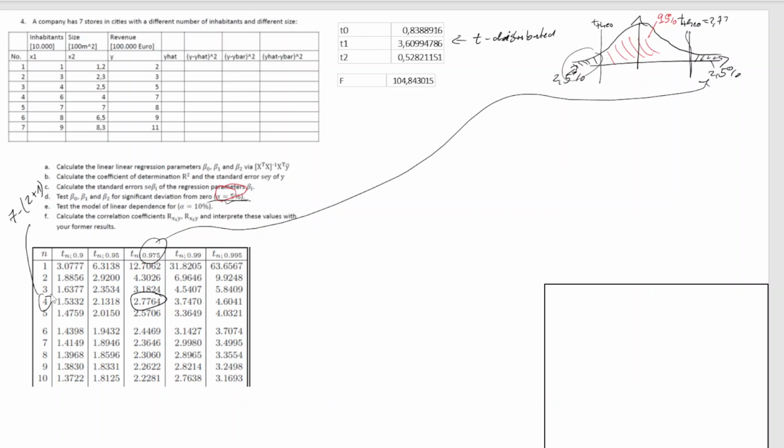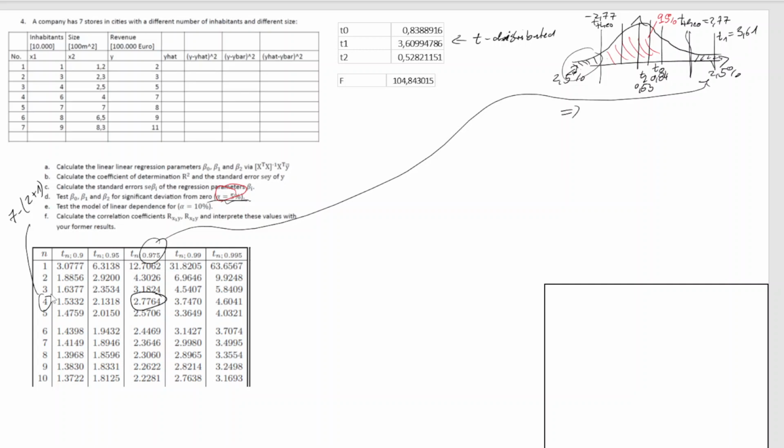So we have 2.77 and minus 2.77, and then we compare this for T0. We have here T0 is 0.84. T2 is 0.53, and T1 is somewhere here, 3.61.